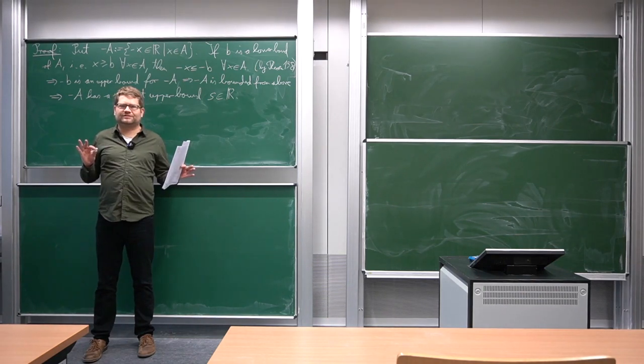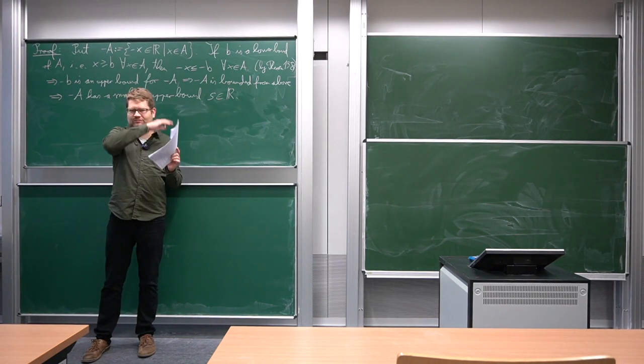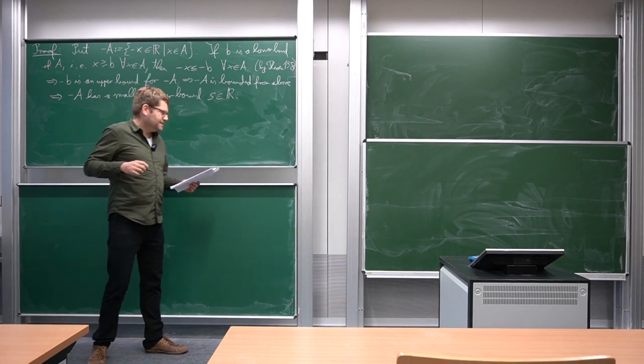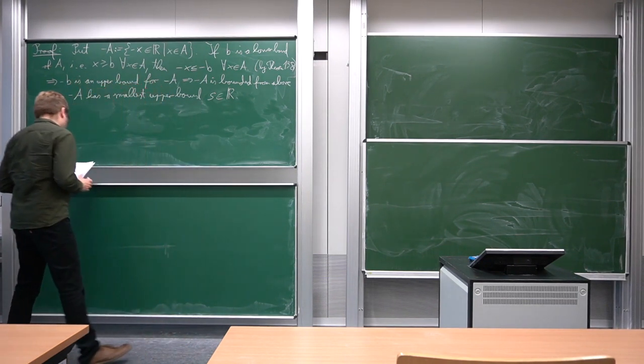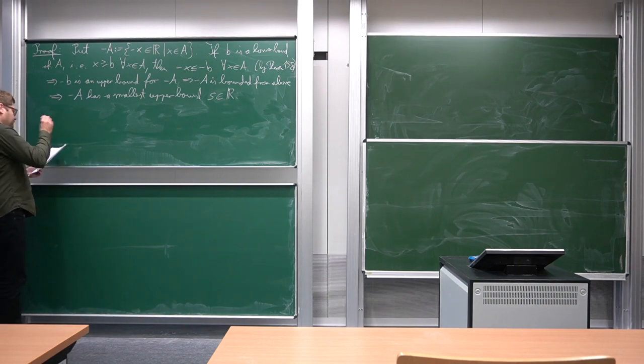Sorry for the cut, I just messed up one part of the proof and want to redo it to have this properly. So we have a smallest upper bound, which we call small s in R. If we have this, we know that, first of all, it's an upper bound.